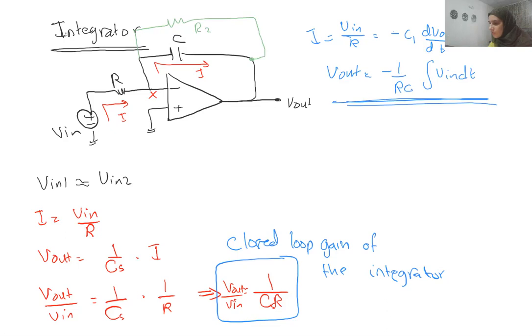You can try to derive the functionality of this lossy integrator by assuming you have a parallel combination in the feedback path formed with this capacitor, so 1 over Cs in parallel with R2. So the feedback component will be replaced with 1 over Cs in parallel with R2.